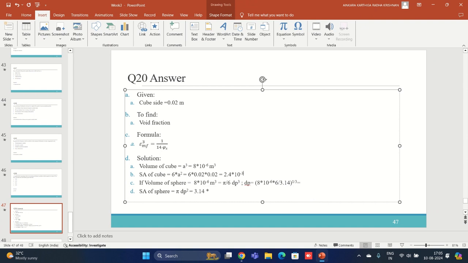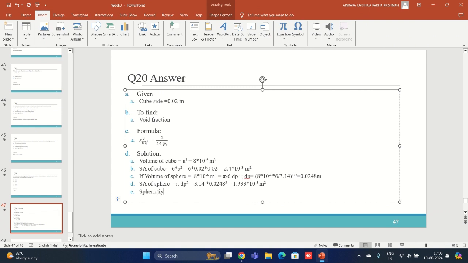And pi by 6 dp cubed is 8 into 10 power minus 6, so dp is 6 divided by pi times this, to the power 1 by 3, which is 0.0248. Squaring and multiplying by 3.14 gives 1.933 into 10 power minus 3 meter squared.